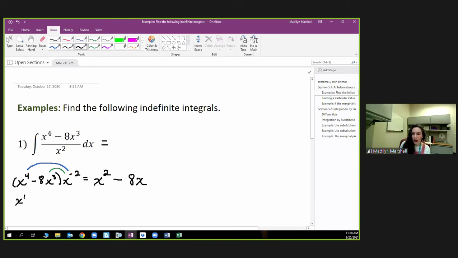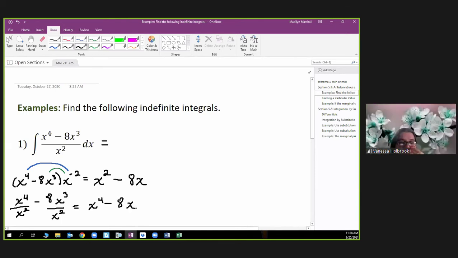The other way would be to separate. So we have x to the 4th minus 8x cubed on top. And we could just separate each of those to be divided by x squared separately. In which case we would get the same thing.